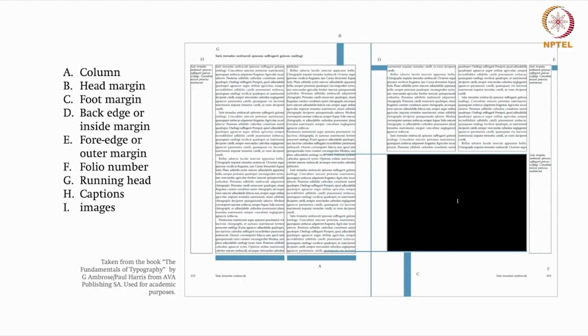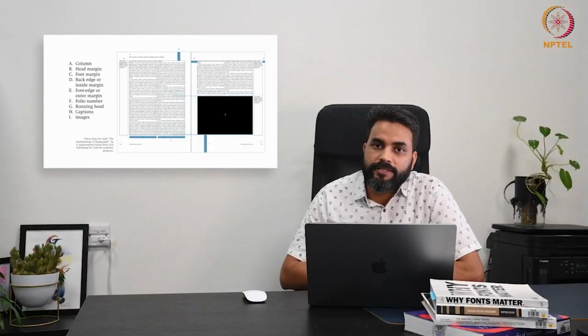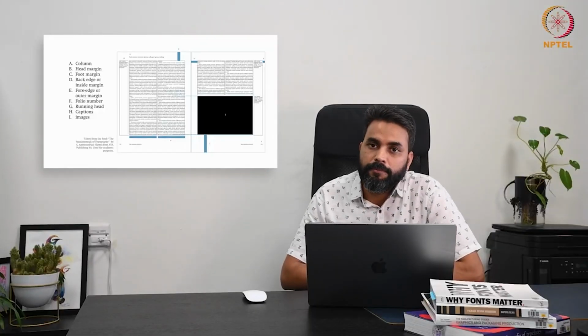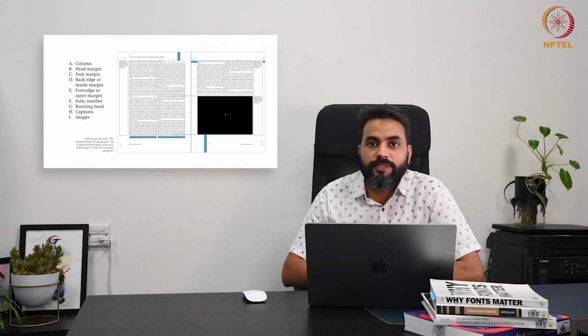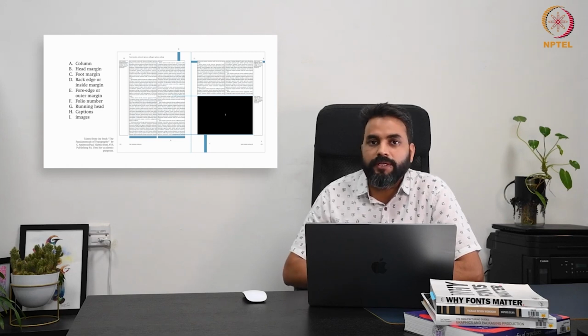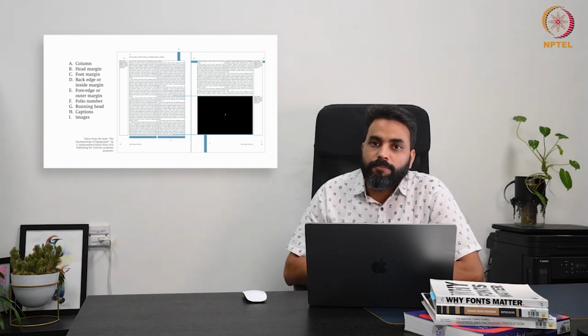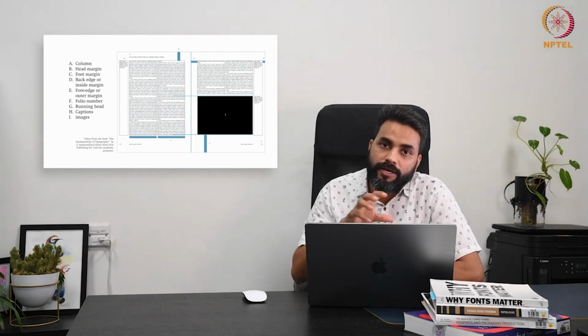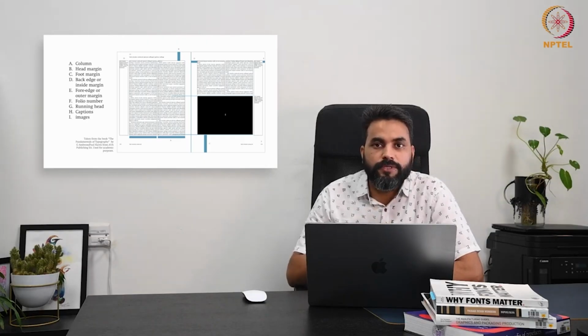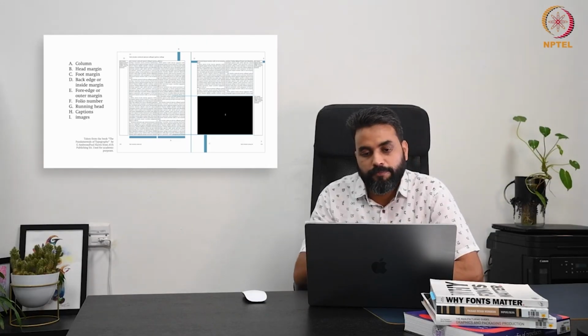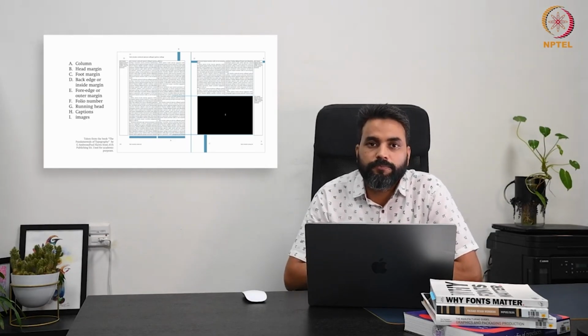This is a typical book spread where you may notice different divisions, which is basically a grid system. For any publication, text is an important part, but the text must work together with many other elements in the design. The primary way a designer organizes all this information is by using a certain grid system.